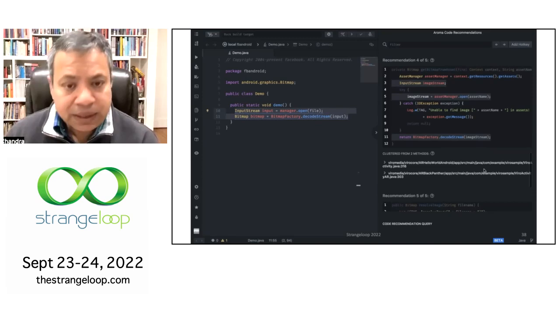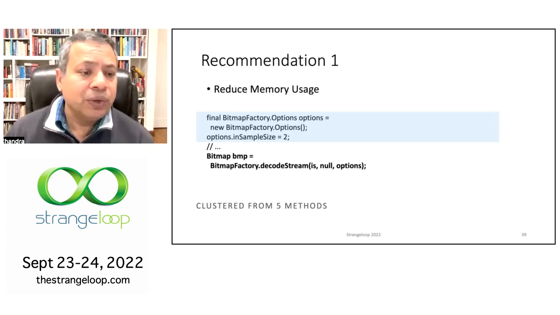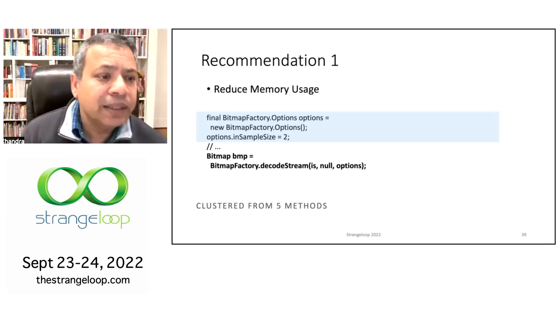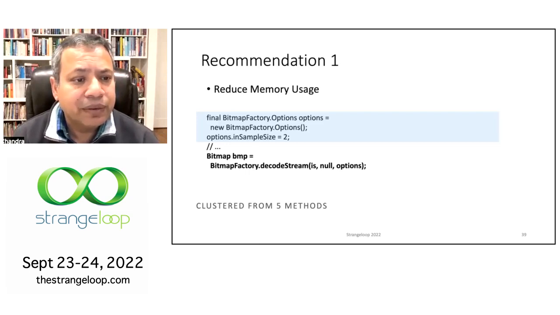Okay, so what are these recommendations? So the first one shows that, and the additional lines are shown in this kind of slight blue background. The original lines that the developer wrote are shown in bold.